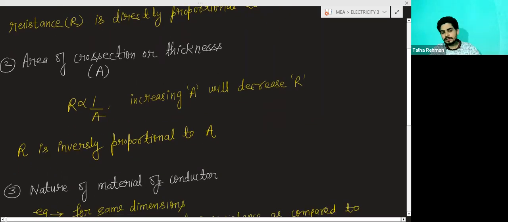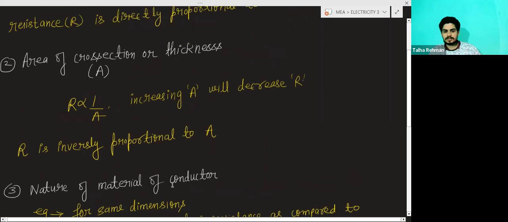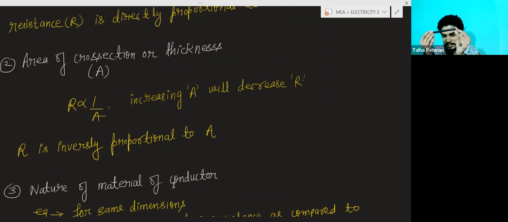After that, nature of the material of the conductor. For the same dimension, suppose this is one piece of wire and this is another piece of wire. Both have the same length and same area of cross section.